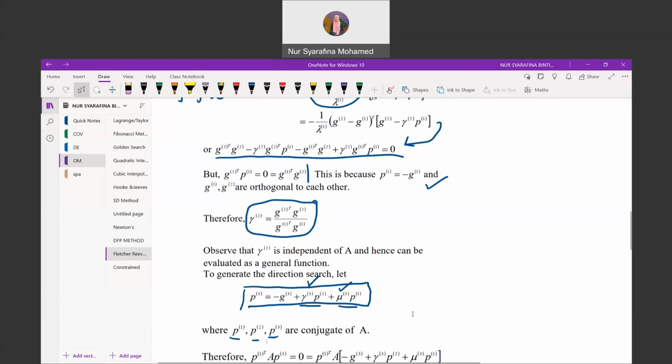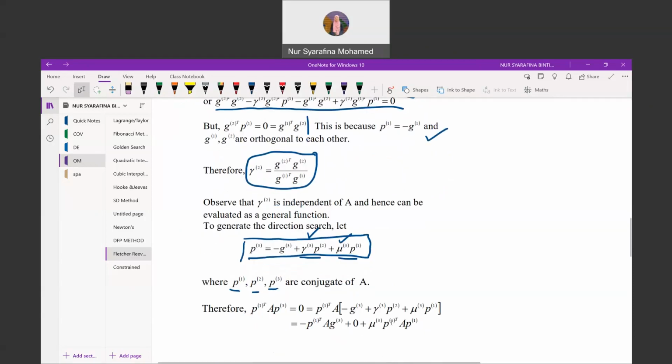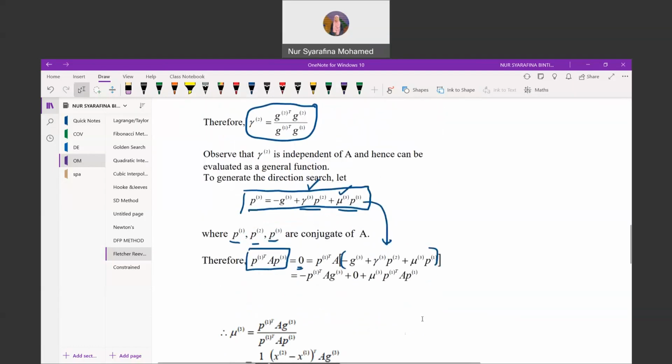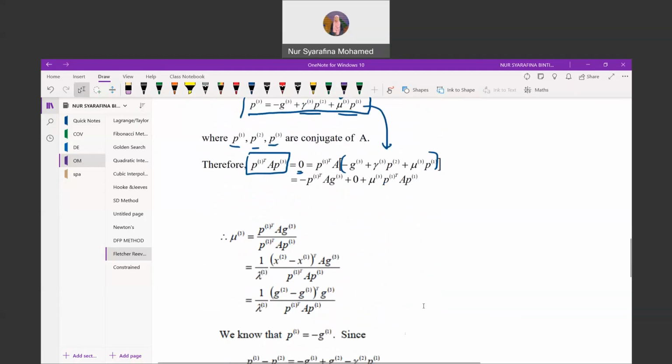So therefore, the value of these two, which are conjugate, equals 0. So substituting what P3 is, and then we simplify to get the value of mu 3.